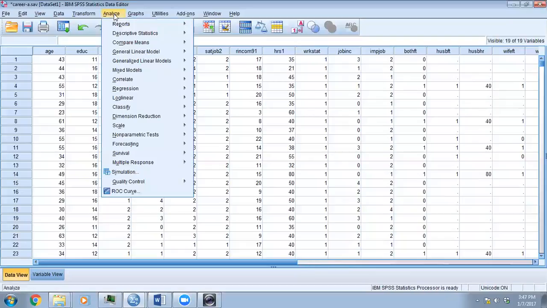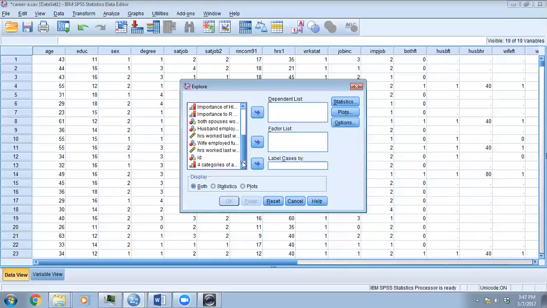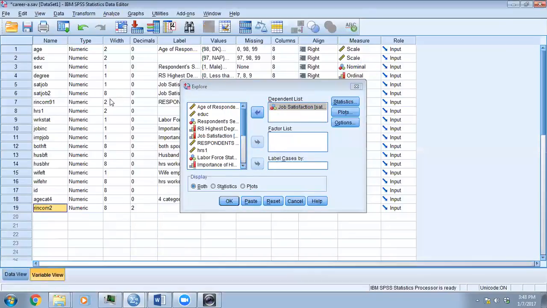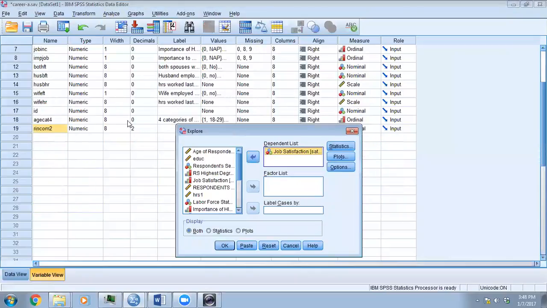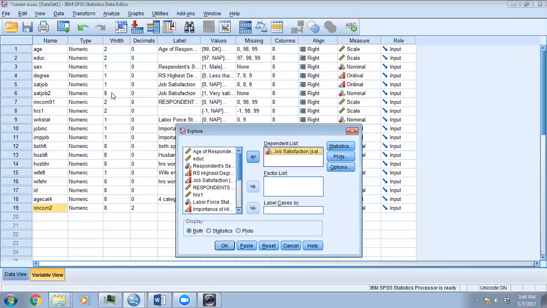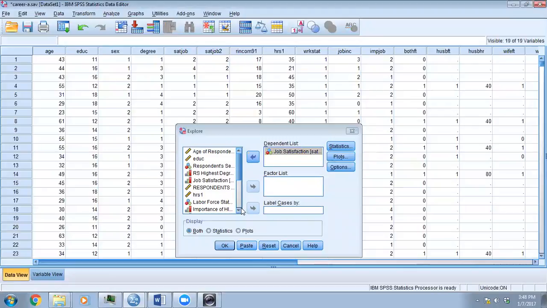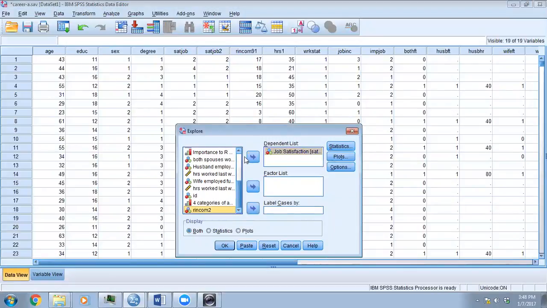We're going to go to Analyze, Descriptive Statistics, Explore, and put in both of our variables: job satisfaction, that's nominal, that's what we're dealing with, and the one we just created, our income 2. Both go in the dependent list.